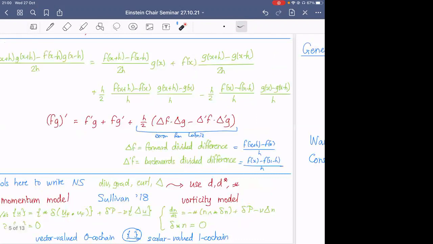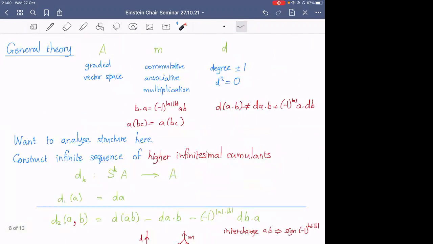Okay, so very general algebraic theory: you start with a graded vector space with a multiplication, which is commutative and associative, and a differential, which has degree plus or minus 1, squares to 0, but does not obey Leibniz. So we want to analyze the structure here. And by that, we mean that we're going to construct an infinite sequence of higher infinitesimal cumulants.